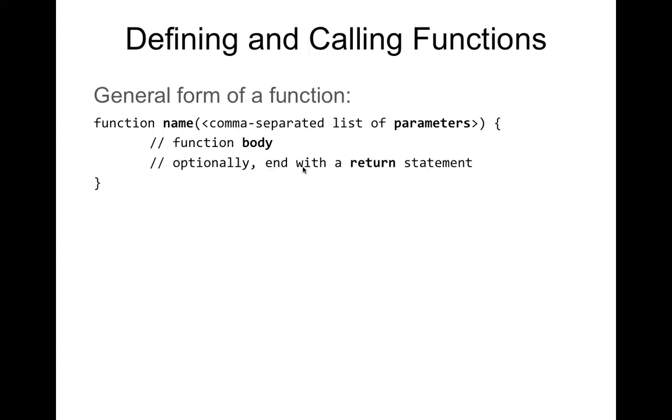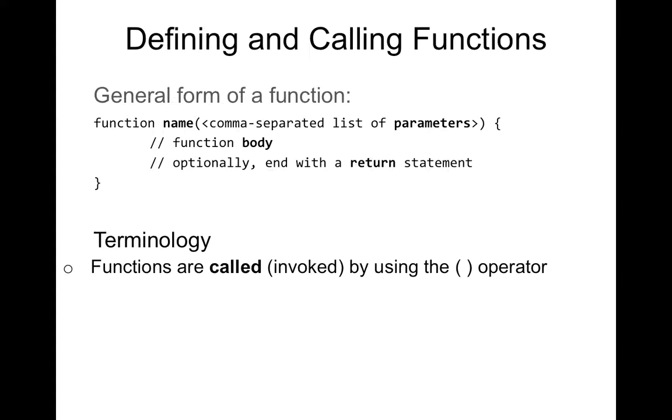So here's the general form of a function declaration: you use the keyword function, you give it the name that you're using, and then if there are any inputs, like the number of years or the starting balance for your compound interest function, you list those comma separated, and then you put in the JavaScript code in the body of your function inside of the curly braces, open curly brace, close curly brace. And then if your function is going to return a value, like the ending balance, you use a return statement using the return keyword.